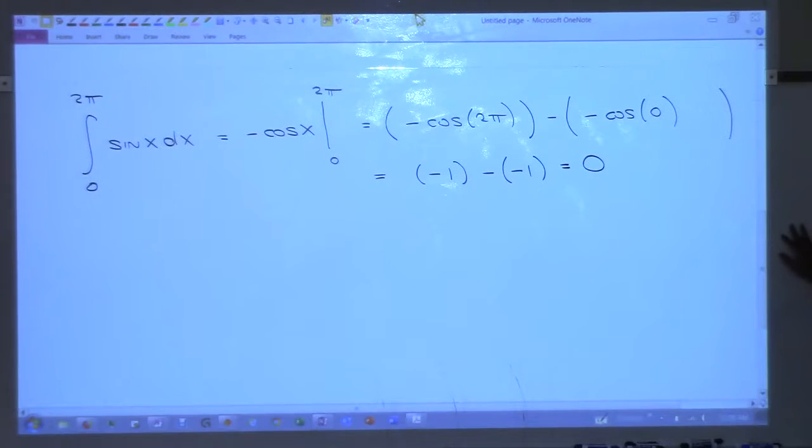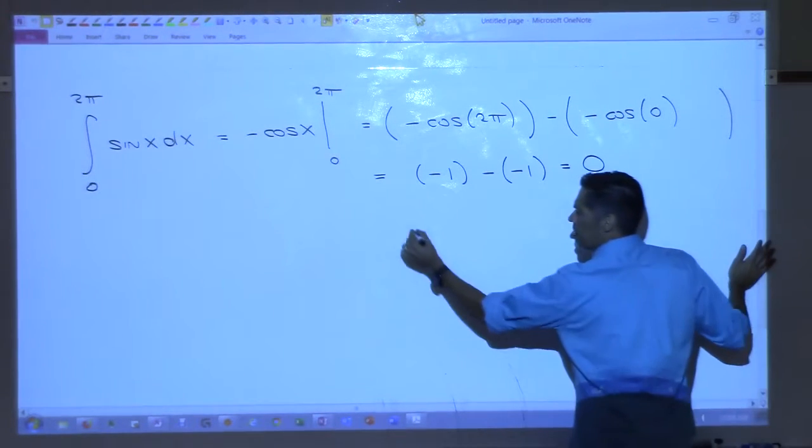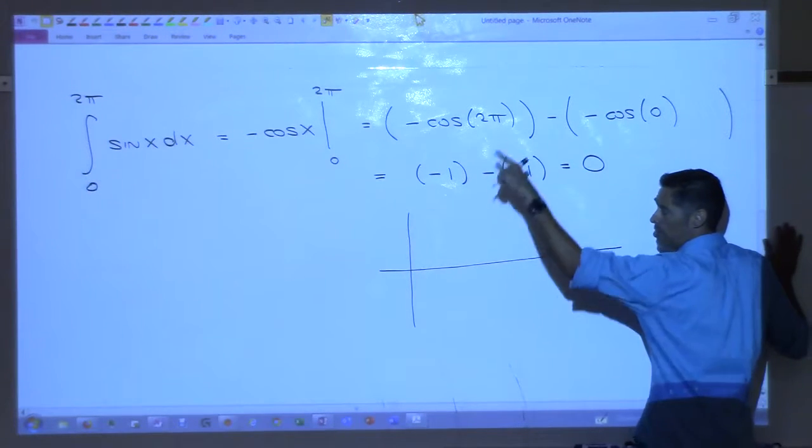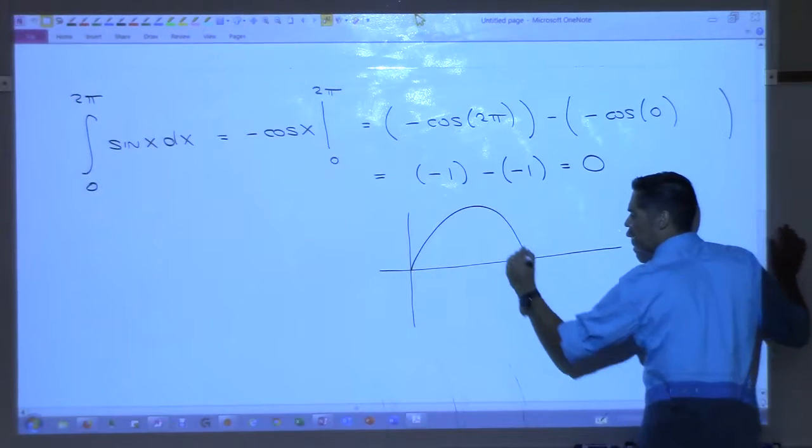Does that mean it stopped at the y-axis? Well, we know what that graph looks like, don't we? That's why it gave us this example, because we actually know what sine looks like between 0 and 2 pi. If we draw it, it's just one period, isn't it?